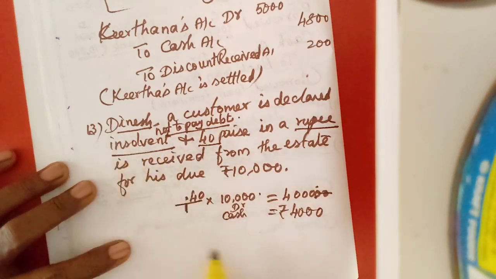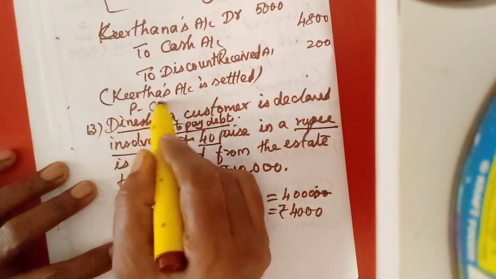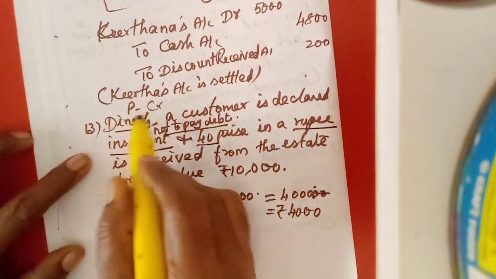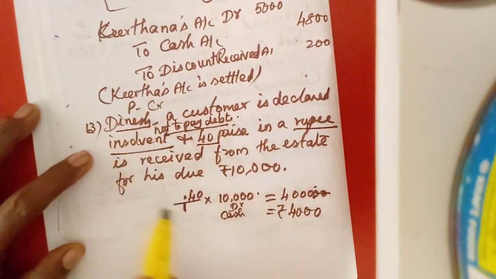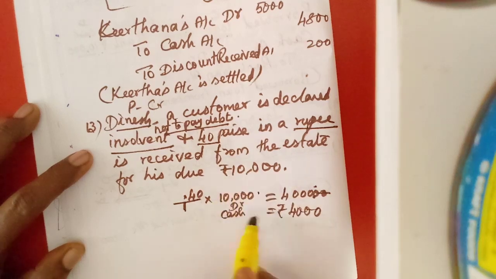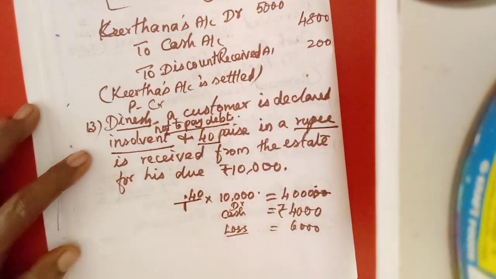Now he is paying. So for this personal account, what is the rule? Credit the giver. He is the giver. So we need to credit Dinesh 10,000. We should cancel his account. But actually we receive 4,000. What is the remaining 6,000? It is a loss.